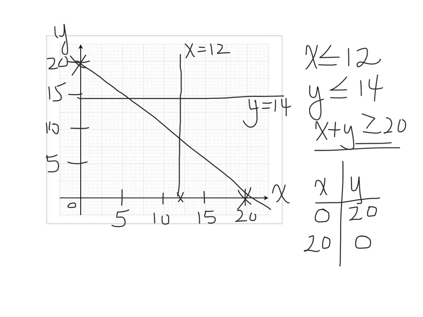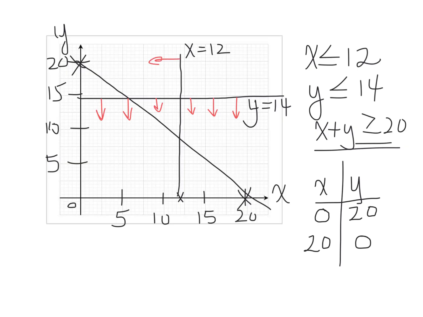Okay, I'm just going to pick up another color here so I can demonstrate. So it has to be less than or equal to 14, y. So that's going to be spaces that are below that y equals 14 line, right? The hours in the cafeteria have to be less than or equal to 12.